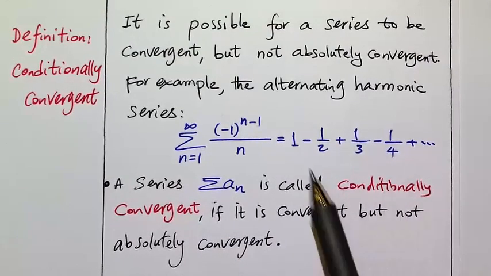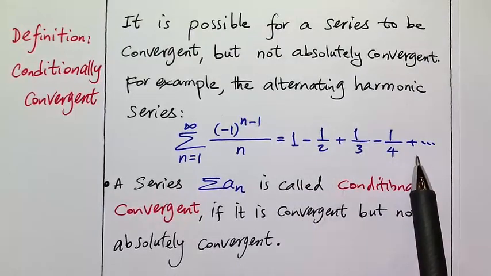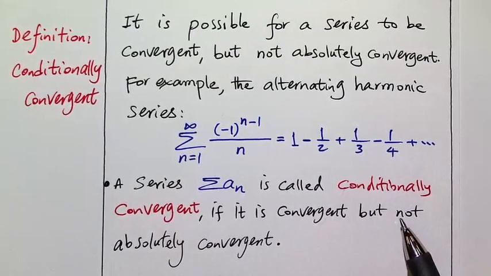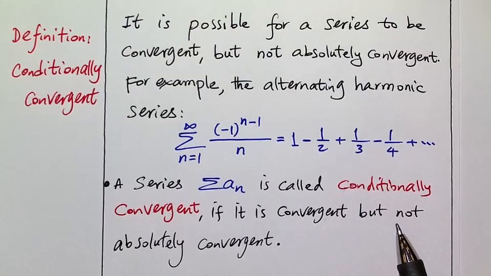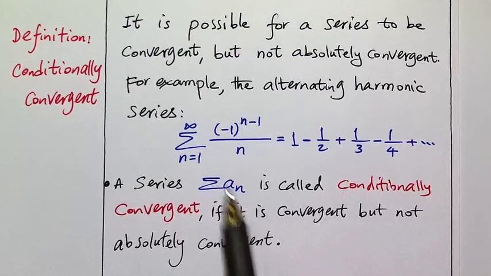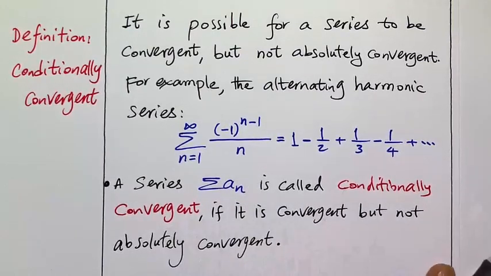But if you take the absolute value of the terms and then look at the convergence, the series does not converge. So when the series is convergent with all its terms included, but if you take the absolute value of the terms it is divergent, then we call such alternating series conditionally convergent.